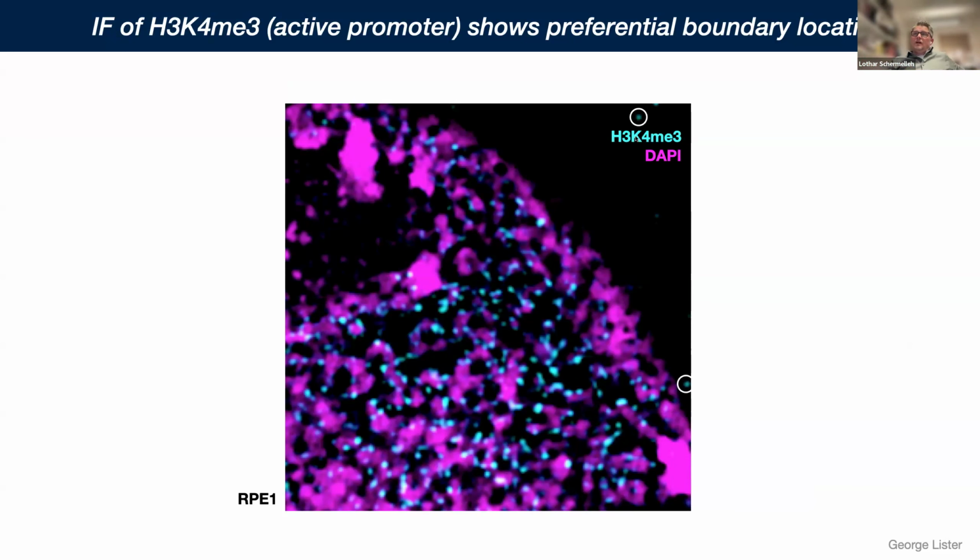Here I show an image from an immunostaining of histone H3K4 trimethyl, a marker of active promoters. You can nicely see that these signals are not randomly distributed everywhere, but very much linked to the outer regions of these domain features.